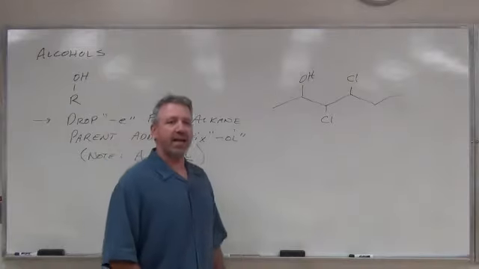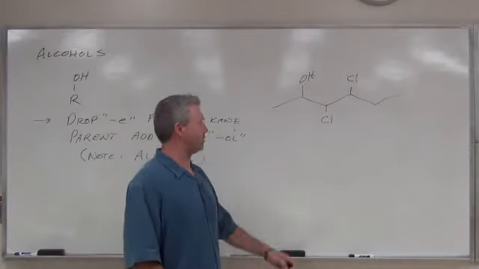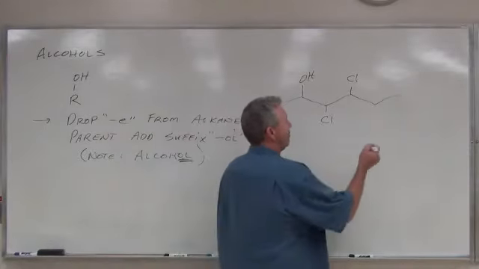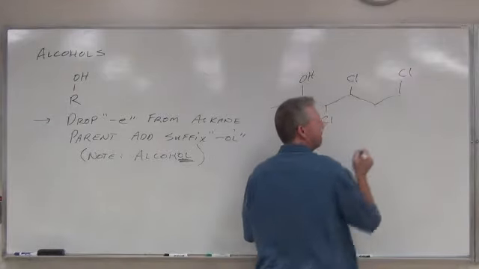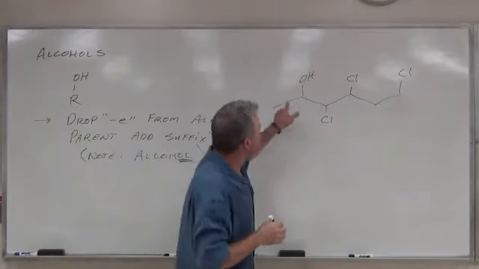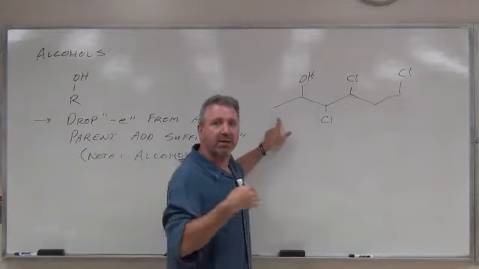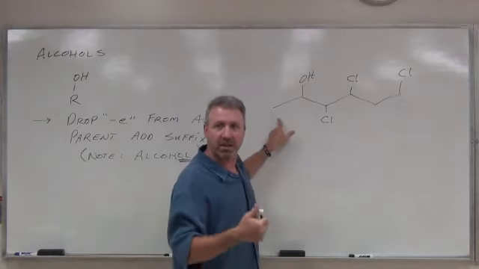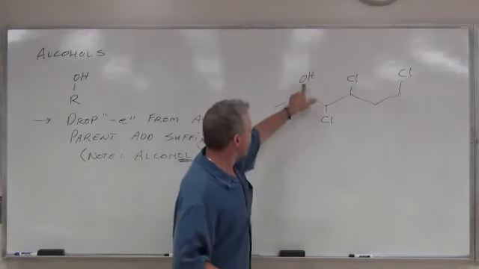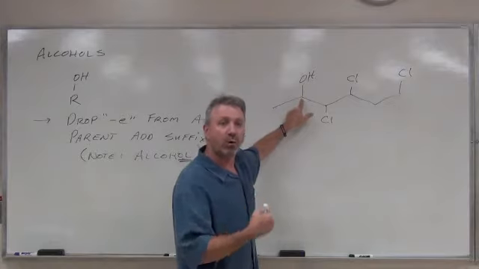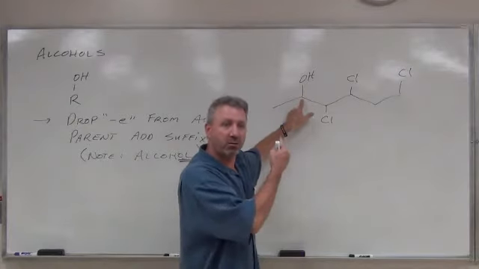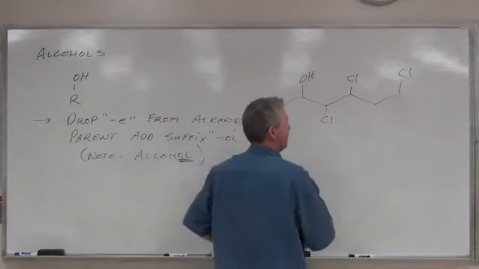What's our longest chain that contains the OH group? Now notice, if I were to put a chlorine even here, I still number from this side because it's not substitutions, it's functional group. Here's the functional group. So, which way numbering puts the lowest number on this carbon?